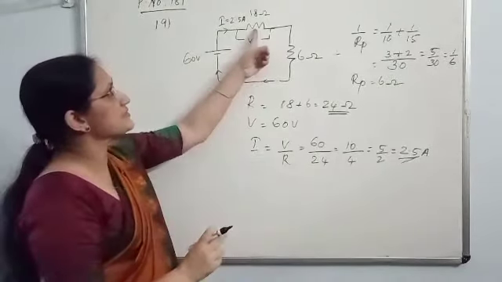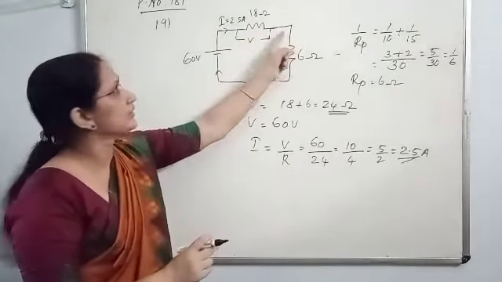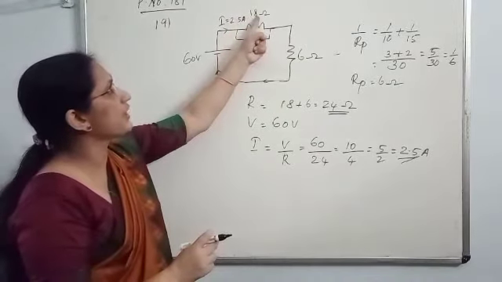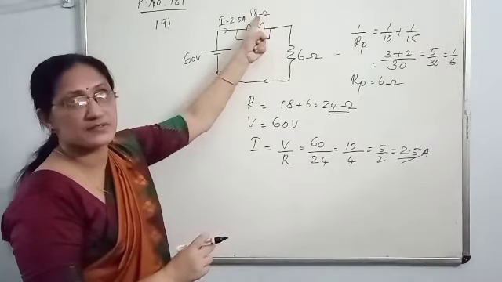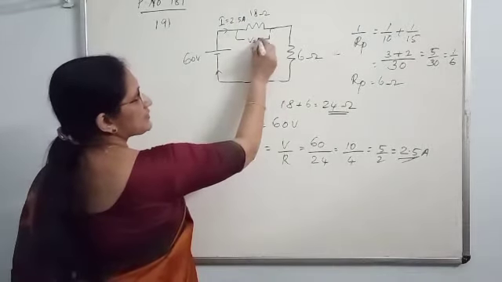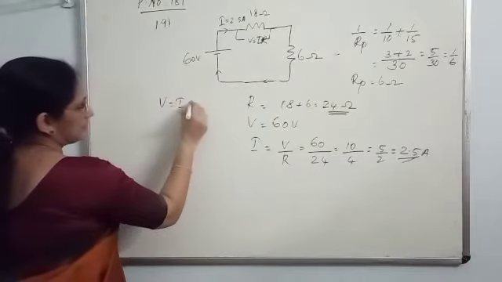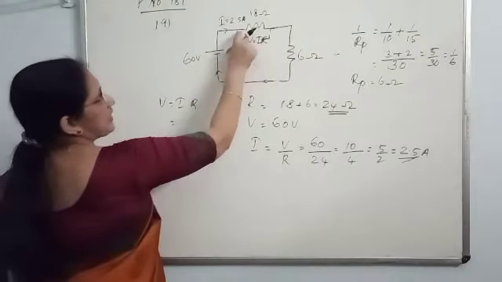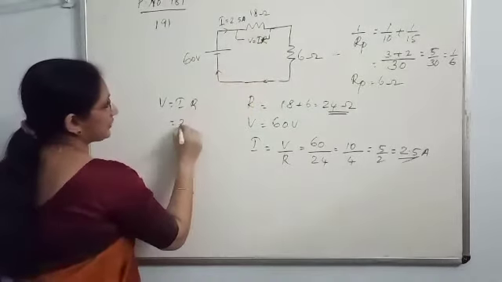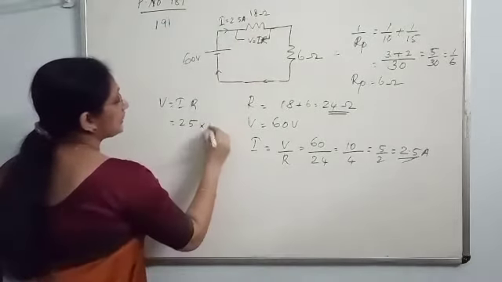Since this resistance is in series, the main current will flow through it. So you know the current value and the resistance. I and R you know, so V you can find out. What is V across it? It is I into R. I, the current flowing through this, is 2.5, into R is 18.